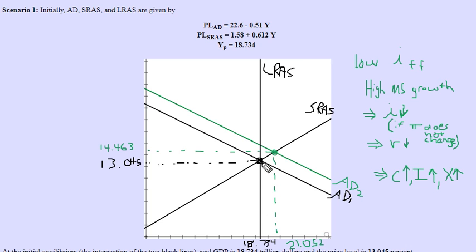So now we're in an inflationary gap because real GDP exceeds potential. Unemployment is low. And that puts upward pressure on nominal wage rates and prices of other inputs to production, like energy.